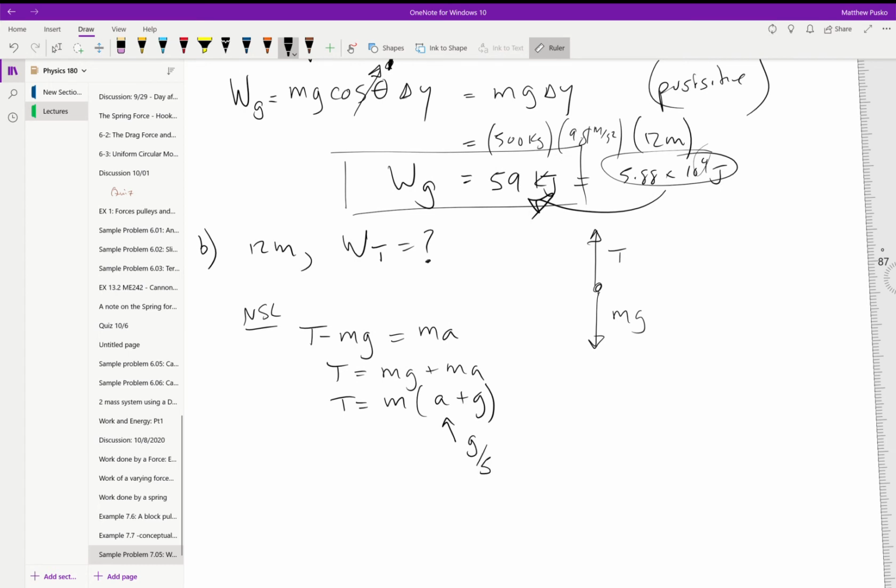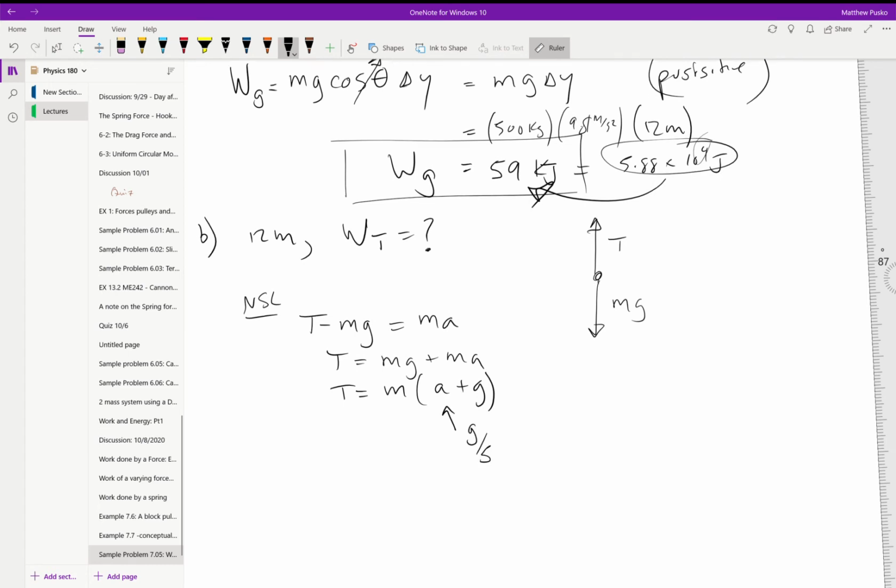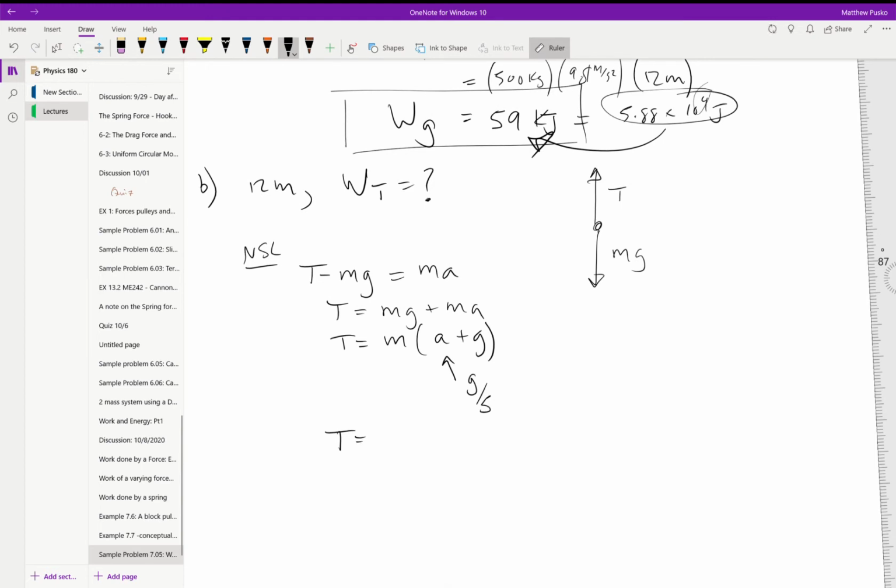Let's go ahead and stick that right there. So I get a tension equal to the mass times, and it's going downward, so it's a minus g over 5, plus g.